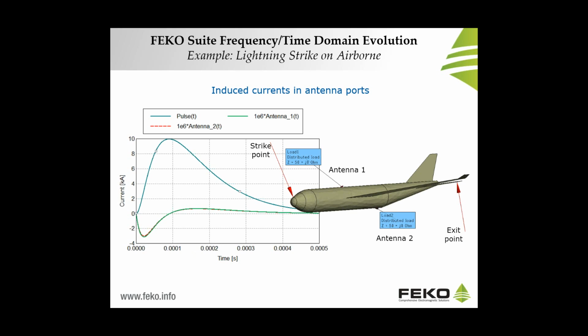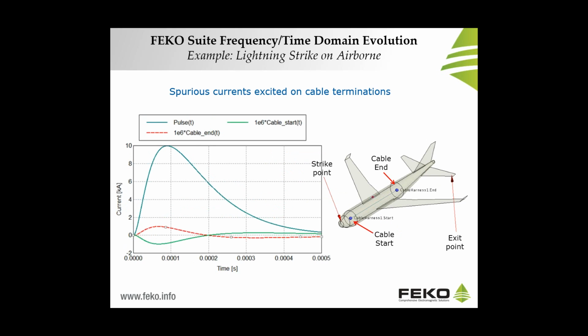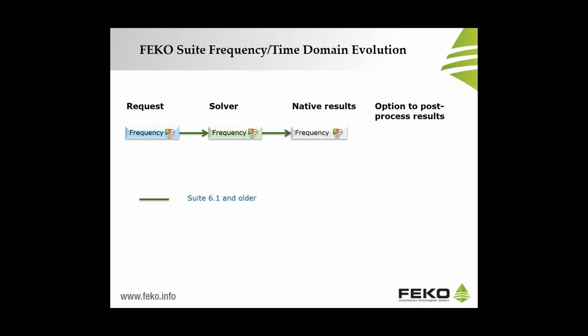We can also see the currents excited on the cable terminations versus time. In blue you have the excitation, in red the current at the cable end, and in green the current at the cable start. This helps now to explain how and what we have introduced and enabled in FDTD in this new release.